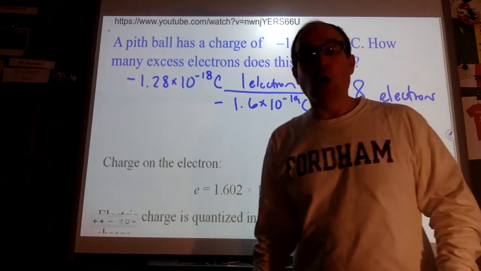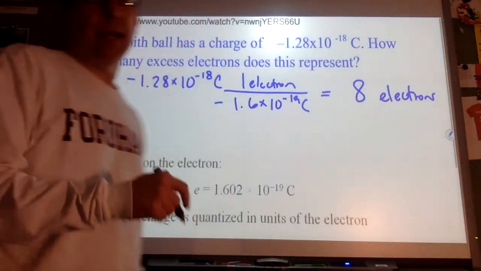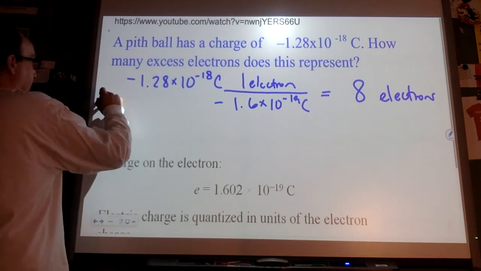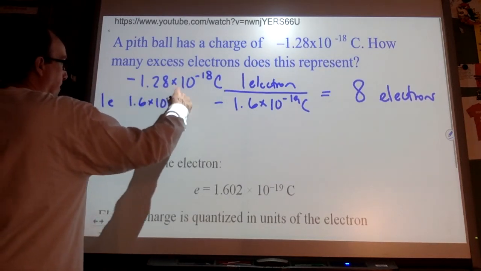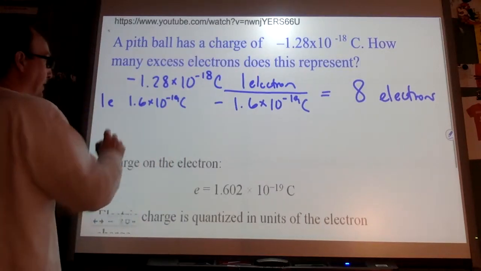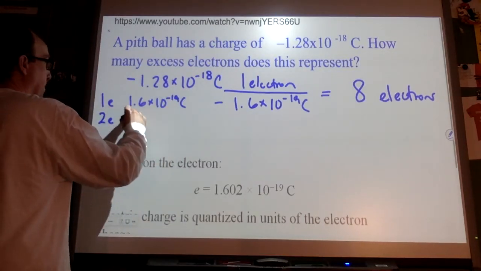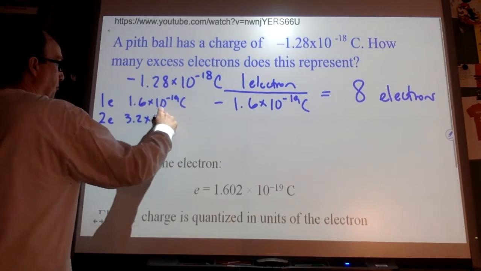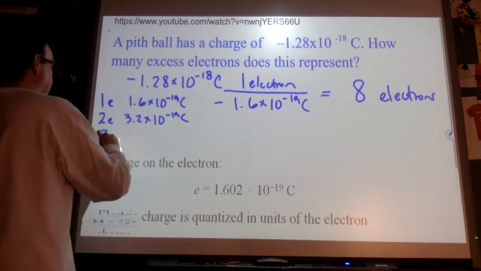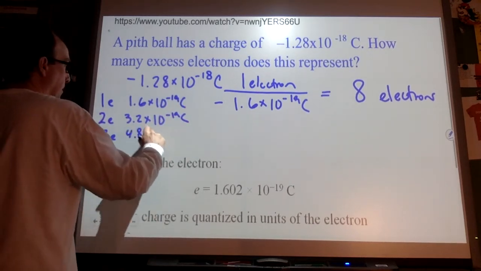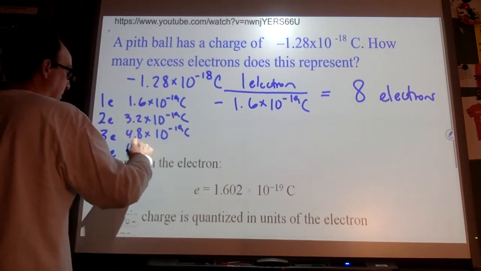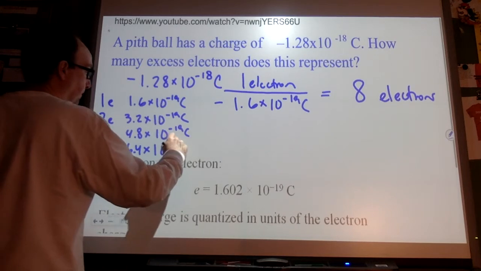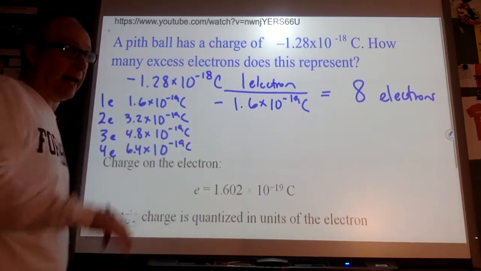So charge is only possible in values of 1.6 times 10 to the negative 19, 3.2 times 10 to the negative 19, 4.8 times 10 to the negative 19, 6.4 times 10 to the negative 19, and on again.